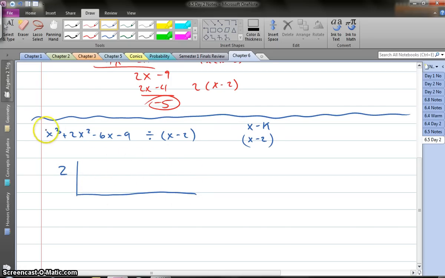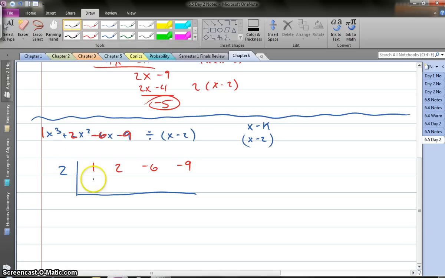And on the top line here, I'm going to write the coefficients of these variables. So 1, 2, negative 6, negative 9. All right, so you set up your problem with your upside down house now. Write the coefficients, and remember, this is x minus k, and you're putting k on the outside here.